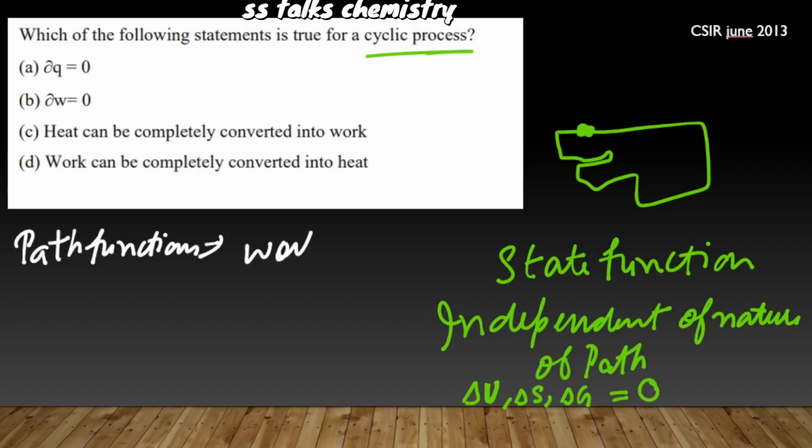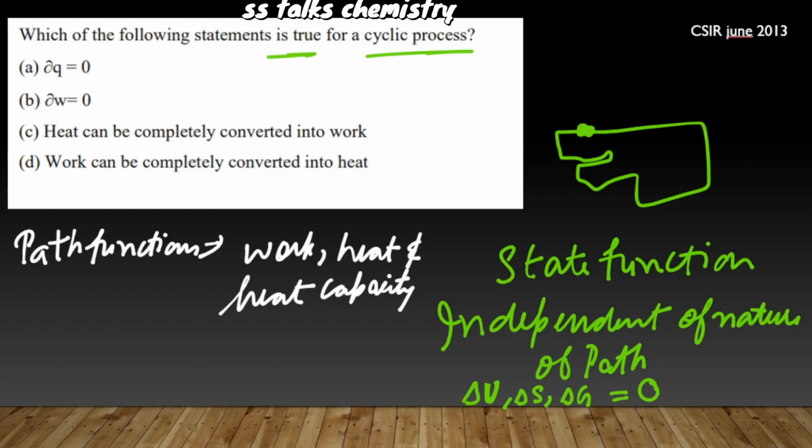The examples are work, heat, and heat capacity. All these three are path functions, the rest are all state functions. For the path functions, the change in the internal energy, be it partial or complete, is not equal to zero. Right? So from the given options, I see which one of the following is the true one.